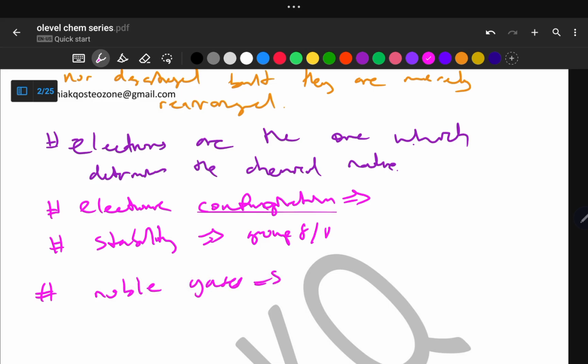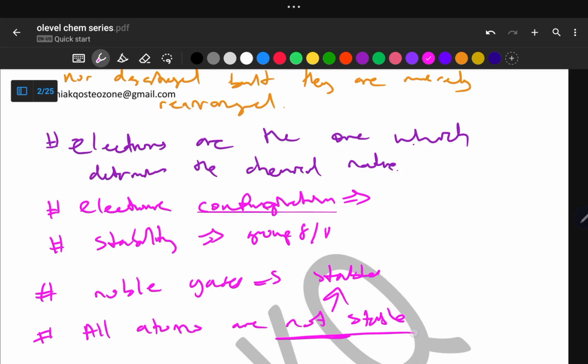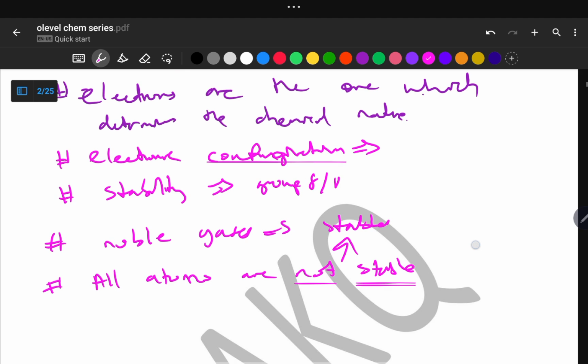These are the stable atoms on the periodic table, meaning all the other atoms are not stable. Since they want to be like these noble gases, they are not stable. So they are striving for stability, and the stability is in group 8. They want to have the same electronic configuration as the group 8 elements.